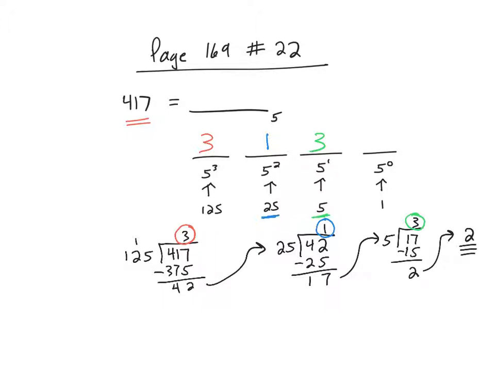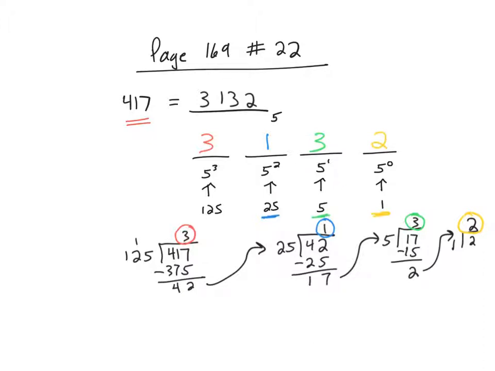I've got 2 1s. Now if you want to, you could do the division again. You could say 2 and then divide it by 1s because I'm looking at the 1s place now, and 1 goes into 2 twice. So this would be my 1s and would go right there. So my final answer is going to be 3, 1, 3, 2, base 5.